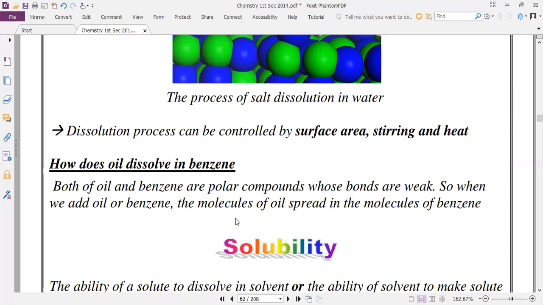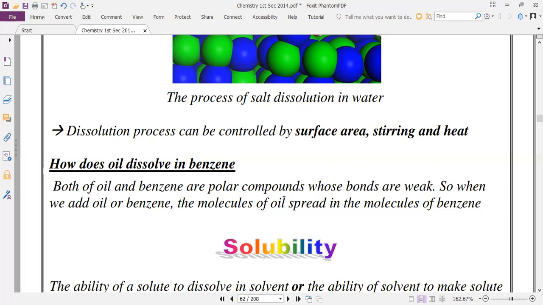If you have oil on your t-shirt, or your chemise, what happens? Can you remove this oil by water or by benzene? By benzene.